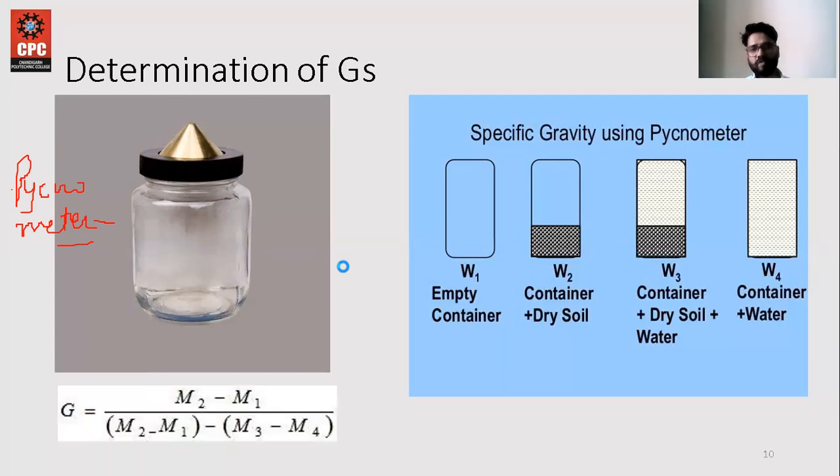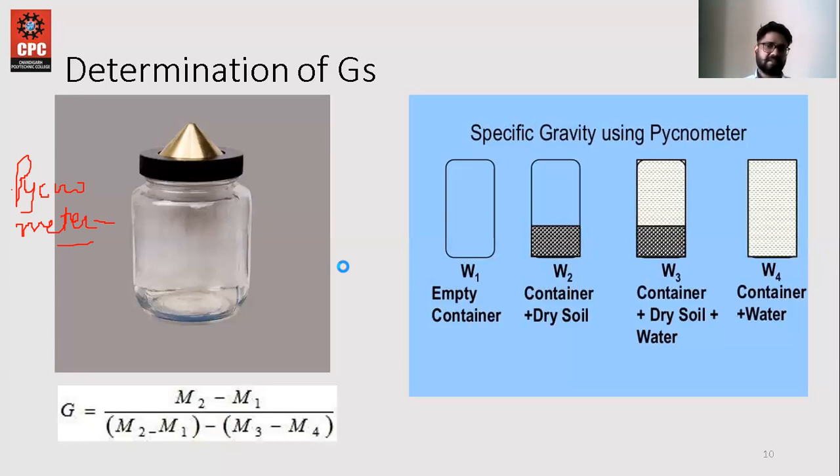After that, you will unscrew the cap and place about 200 gram of oven dried soil in the pycnometer. You will screw the cap, and then you will again take the weight of this pycnometer.